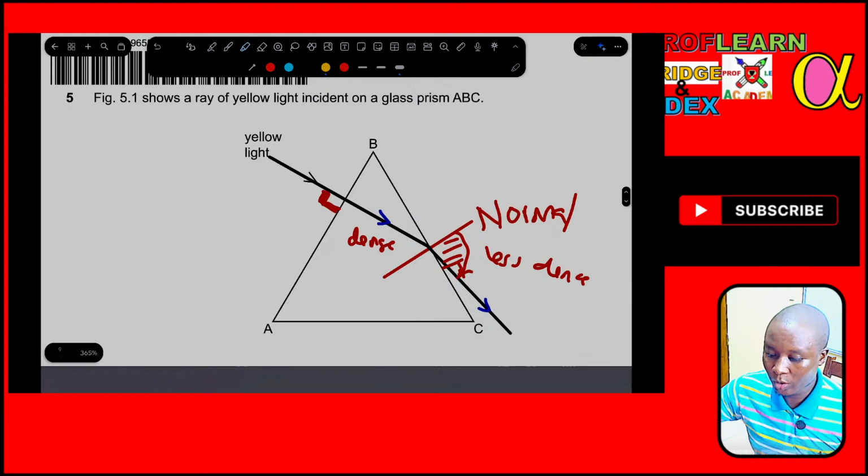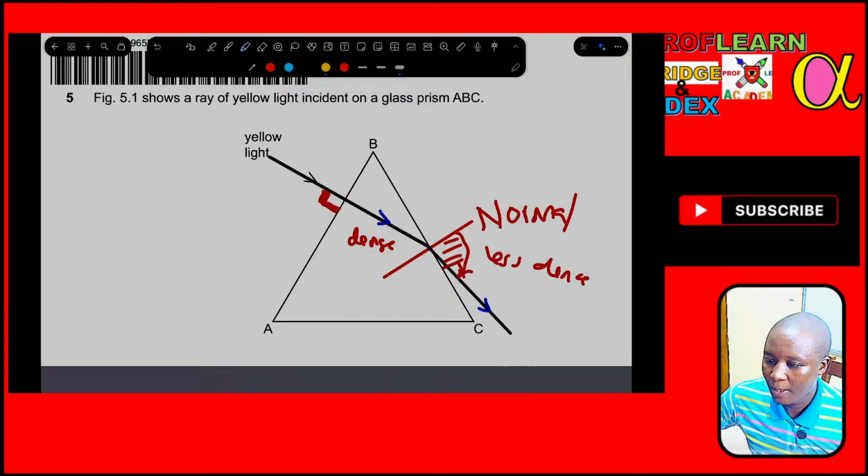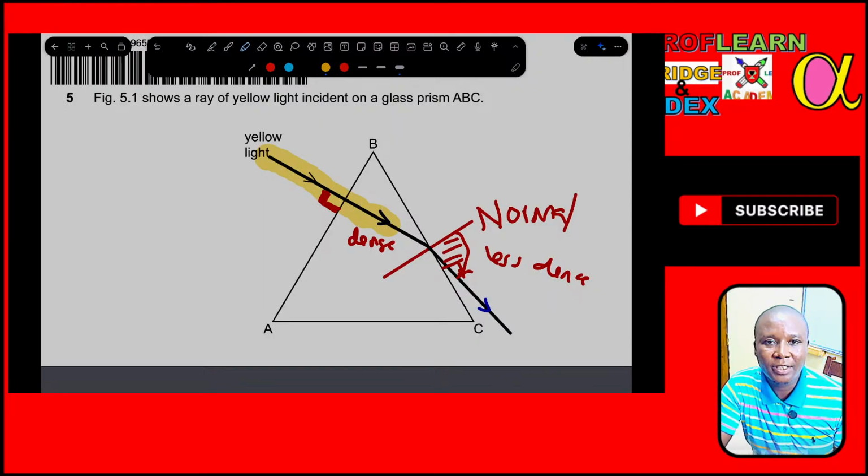There was also a question to do with refraction. In this particular question of refraction, guys, all candidates were asked to explain why the ray, as it enters here, does not undergo any refraction. It does not bend. Why is this ray here entering straight?